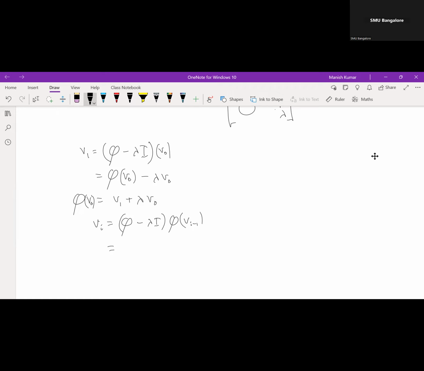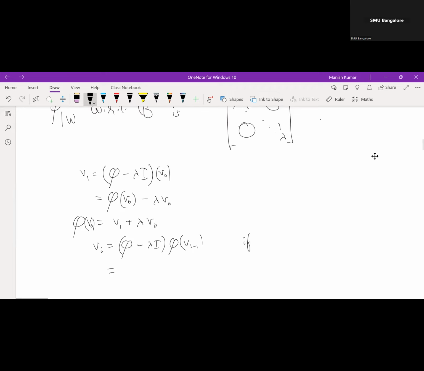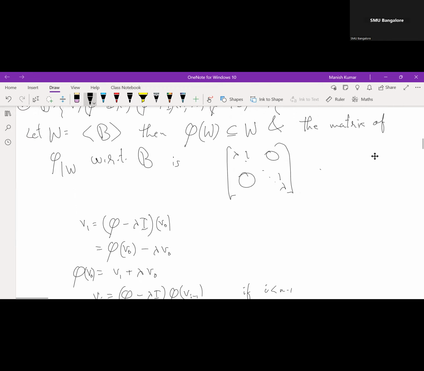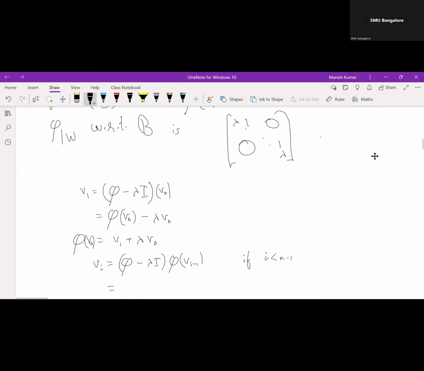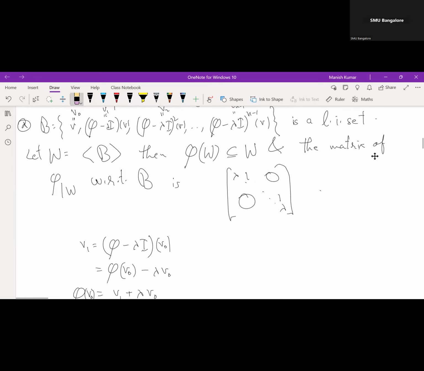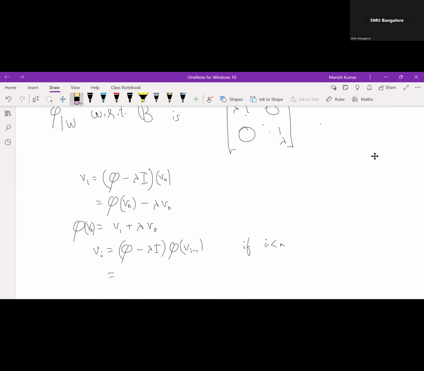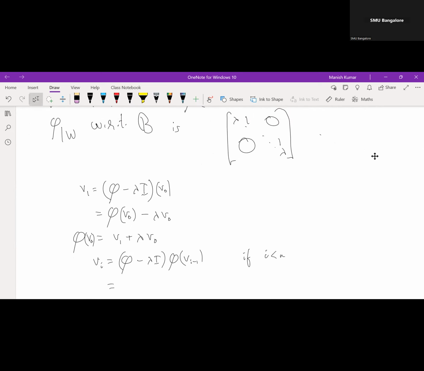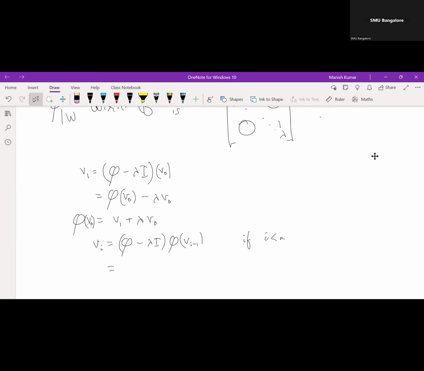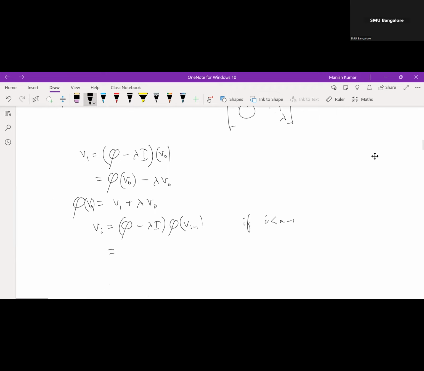This is good as long as i is less than n minus 1, because if i is equal to n, then phi applied to Vn minus 1 will already become 0. So unless it's the border situation, we get this.